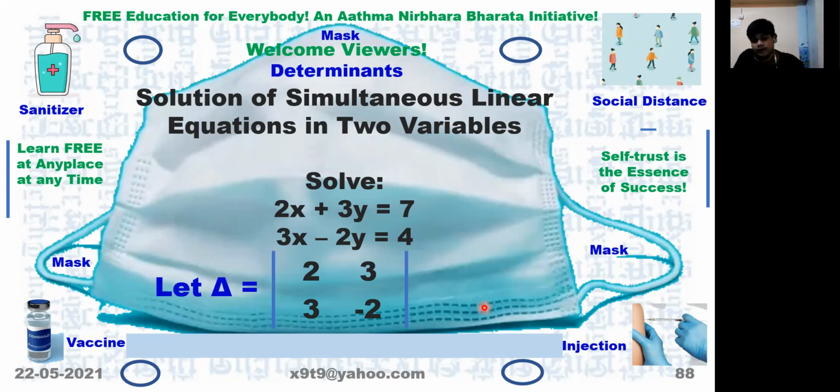Sir, delta is equal to 2 into minus 2 minus of 3 into 3. Write that. Always write the numbers within brackets, otherwise there will be confusion and you may not write the correct answer.